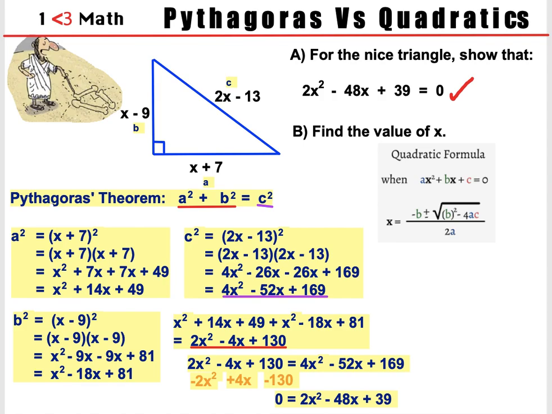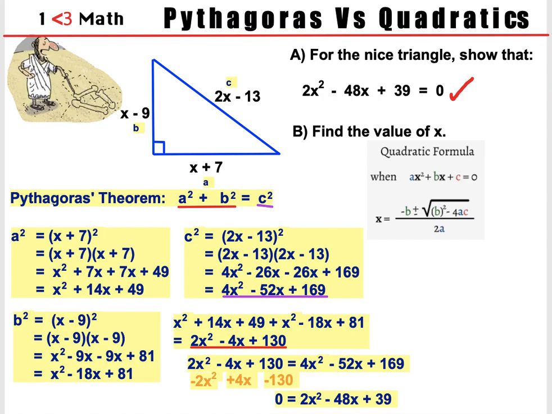The a is in front of the x squared, the b is in front of the x, and the c is the integer after that. So for the equation that we have, a equals 2, b equals minus 48, and c equals 39, because we've got 2x squared, we've got minus 48, pay attention to the sign, and we've got plus 39.